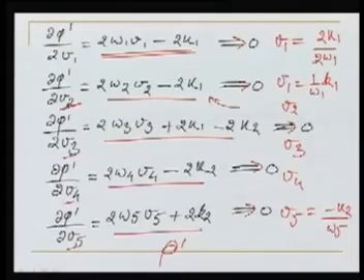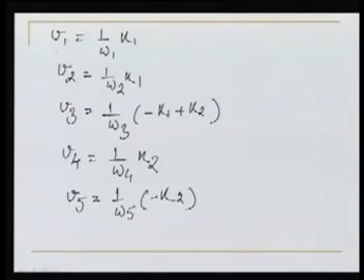So V1 is 1 by w1 k1, V2 is 1 by w2 k1, V3 is 1 by w3 times (minus k1 plus k2), V4 is 1 by w4 k2, and V5 is 1 by w5 k2.